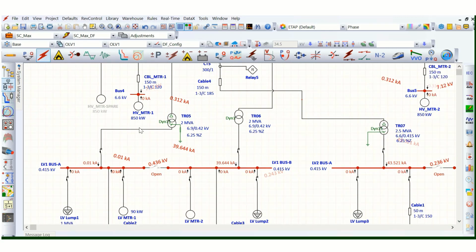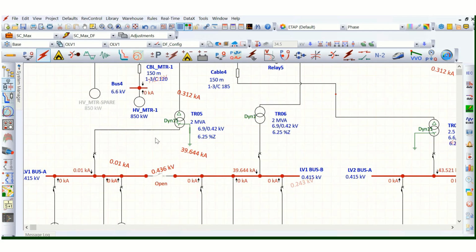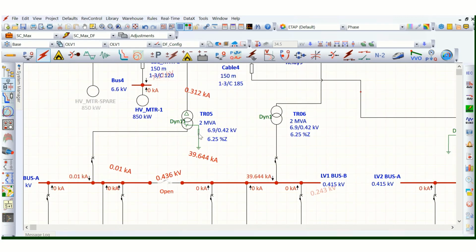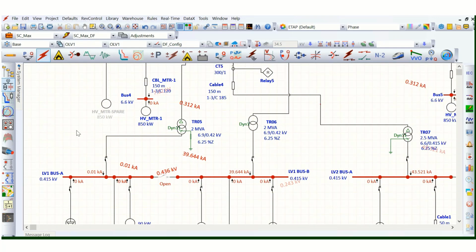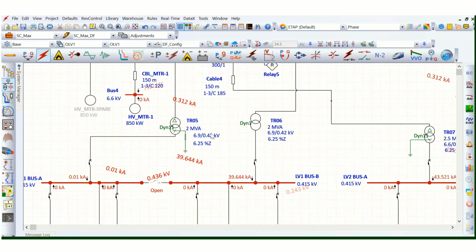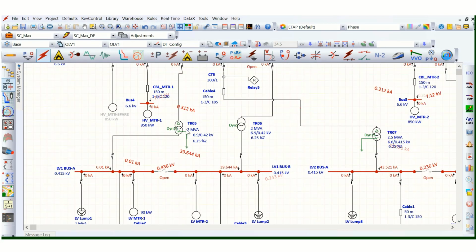But the main challenge here for the LV system, if we use this resistance in the neutral grounding system, then it will be very difficult to sense a fault current as low as 10 amperes. So this is very challenging. And also, as per the international codes also, we should not use any resistance or reactance for the neutral grounding for LV system.